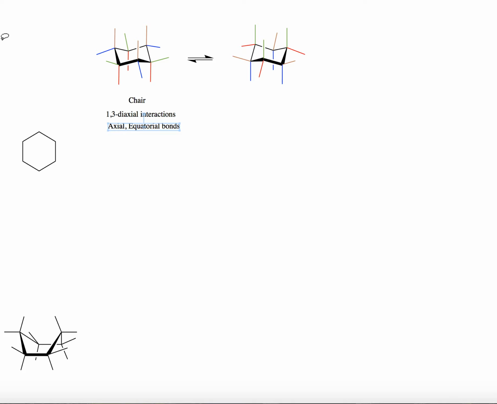What I mean by that is that if these atoms here in these 3 positions are just hydrogens, hydrogen is very small, there will be no destabilization whatsoever.